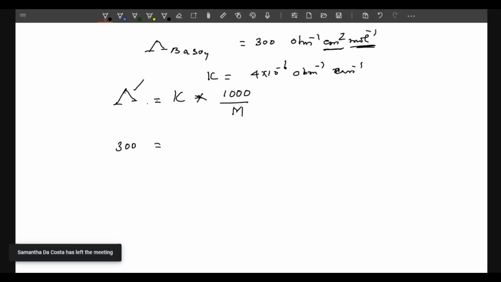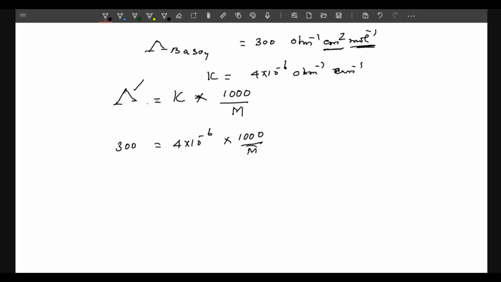Kappa for the barium sulfate is given as 4 into 10 power minus 6. Here, if the barium sulfate solution and water were given separately, you should give a correction for this, into 1000 by M. M is the molarity of the barium sulfate.